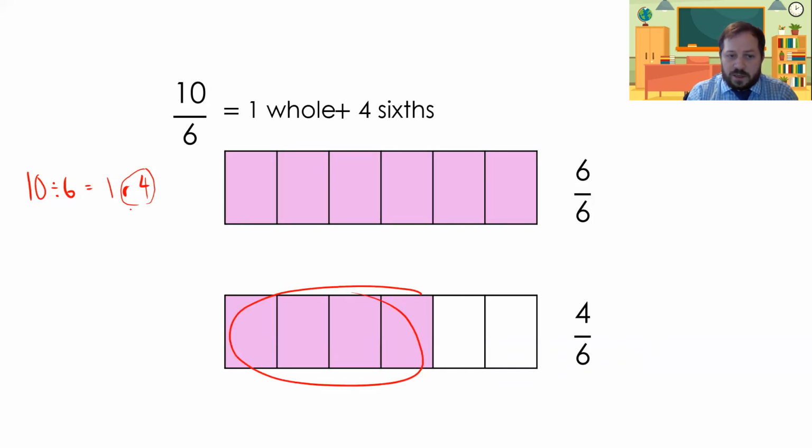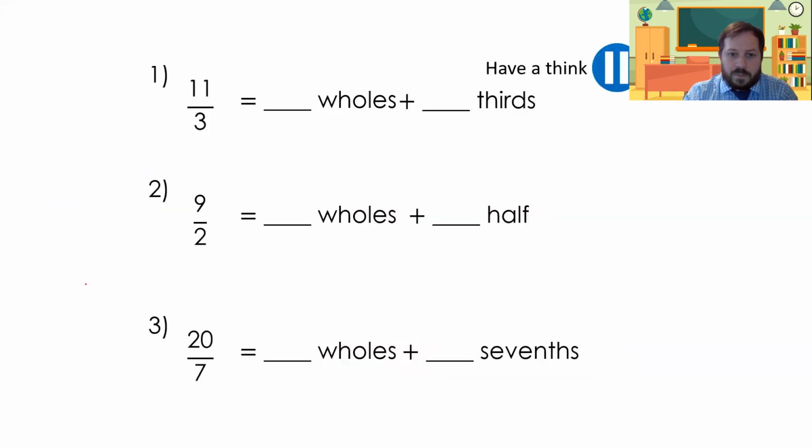So another way to write that would be 1 with 4 sixths. And where we get this bottom number from is what we're dividing by. And that, in essence, is the link between the division that we were doing and the fractions we are doing. And actually, what fractions are, which is just a division. Have a think about these and give them a go for me.